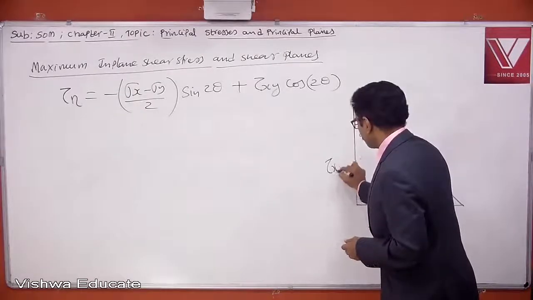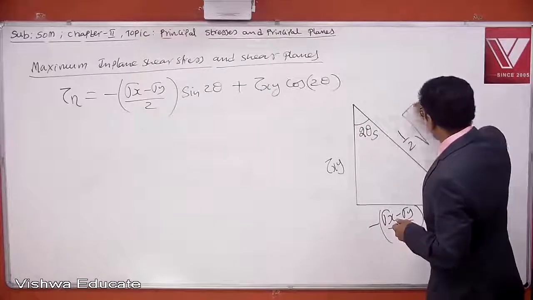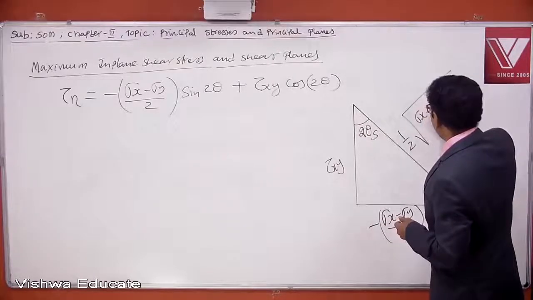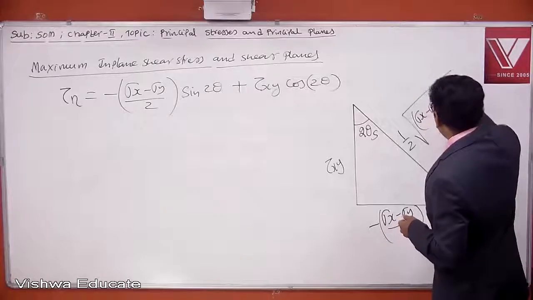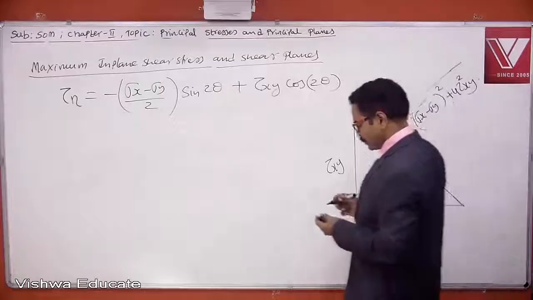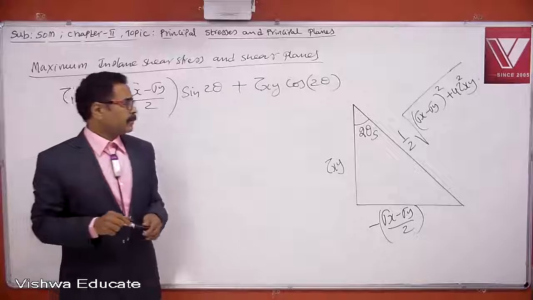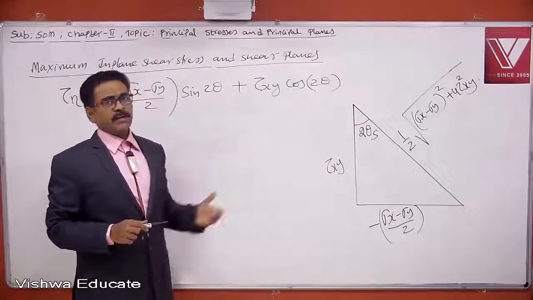Adjacent side is tau xy, and obviously the hypotenuse will be half into the square root of (sigma x minus sigma y) whole square plus 4 tau square xy. Please copy this triangle. This is the shear plane triangle.